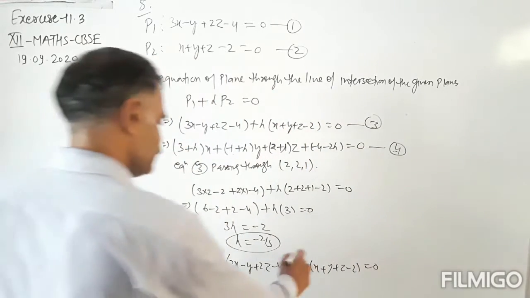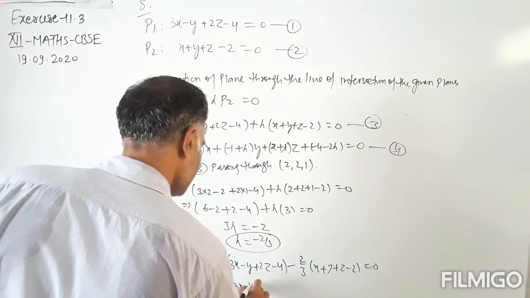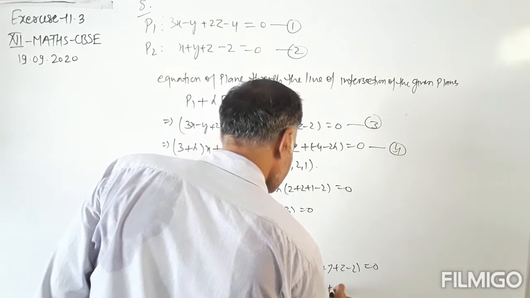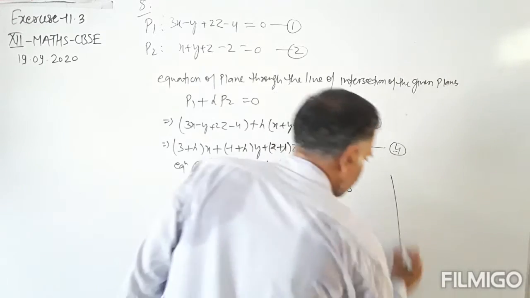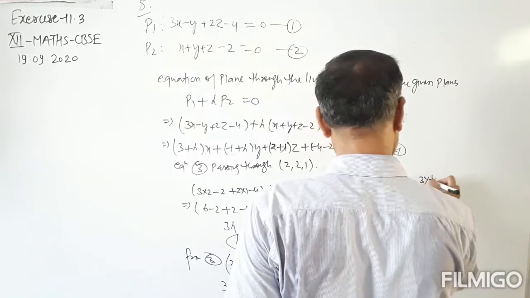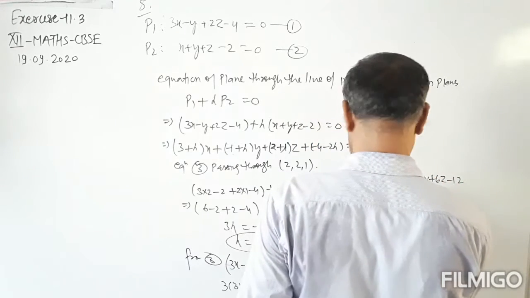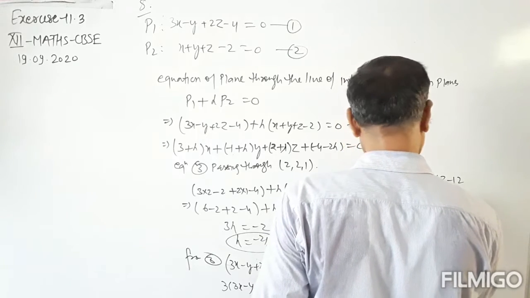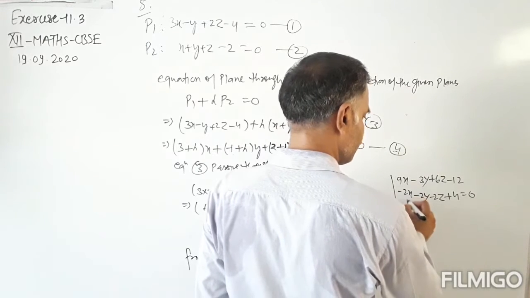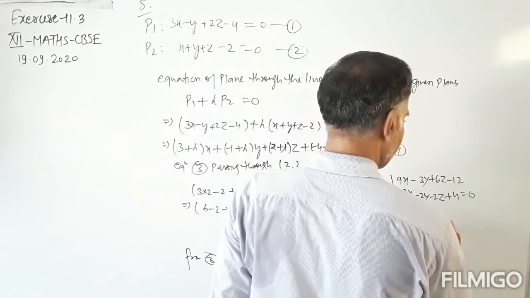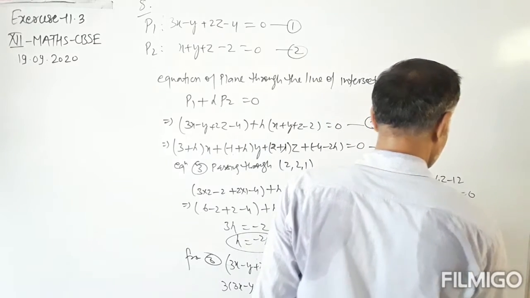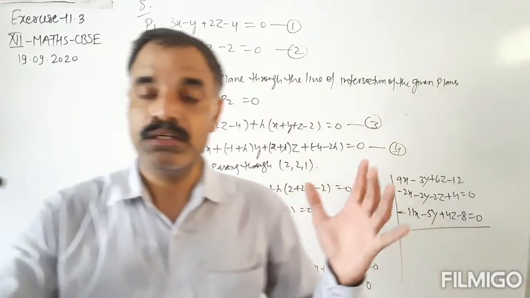Solving this, we get 3 into (3x minus y plus 2z minus 4) minus 2 into (x plus y plus z minus 2) equals 0. So 9x minus 3y plus 6z minus 12 minus 2x minus 2y minus 2z plus 4 equals 0. So 9x minus 2x is 11x, minus 5y plus 4z minus 8 equals 0. This is the equation of the required plane.